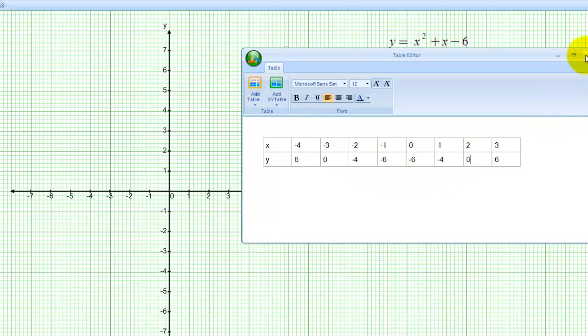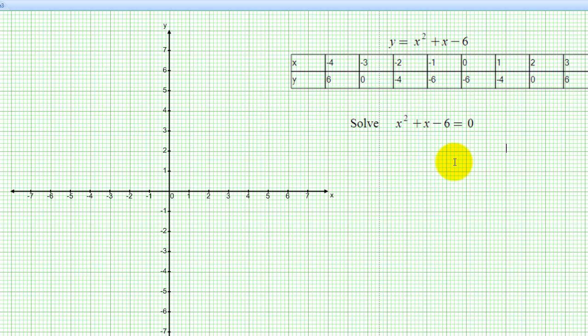Now, with the table completed, we can go ahead to plot the graph. We shall now plot y equals to x squared plus x minus 6. Do you know where is the coordinate of negative 4, 6? X equals to negative 4 and y equals to 6. And hence, this is our first coordinate.